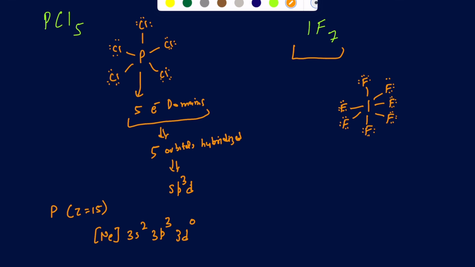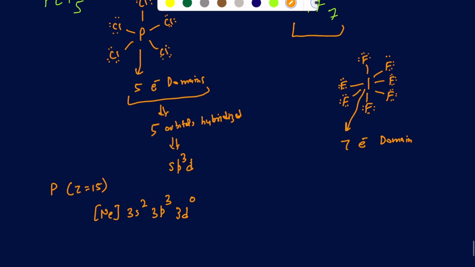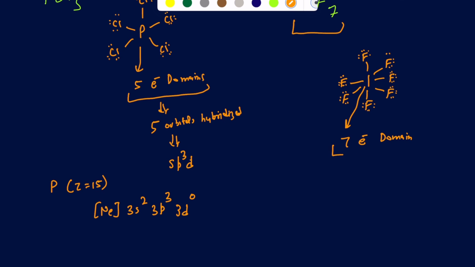Now, how many electron domains do I really have around the iodine here? If I want to focus on that, that would be 7 electron domains in total, all of them coming from the bonding domains. There is no lone pair on that iodine at the center. So that means I must have 7 orbitals hybridized.